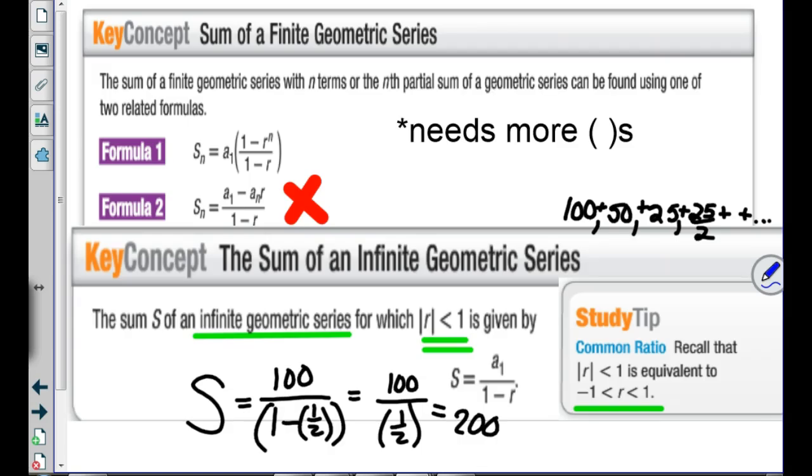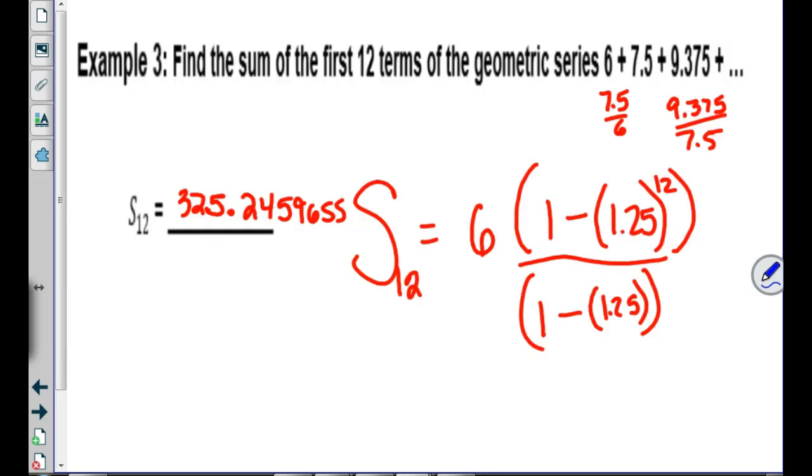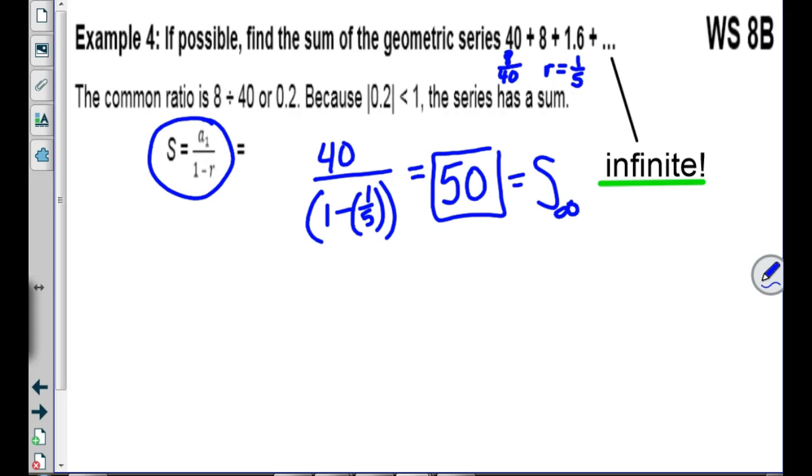S sub n is finding the sum. This is also finding the sum, but it's when it's approaching infinity, not the sum of the first 12 terms or the first 6 terms, when it says infinite. It's only if it's asking you to add up every term ever. And the only way that will even work is if it's a convergent geometric series.